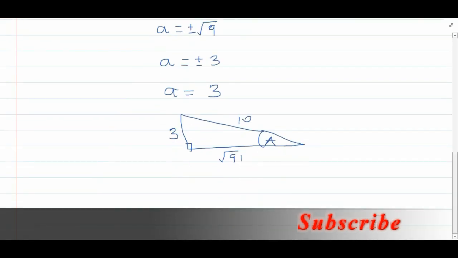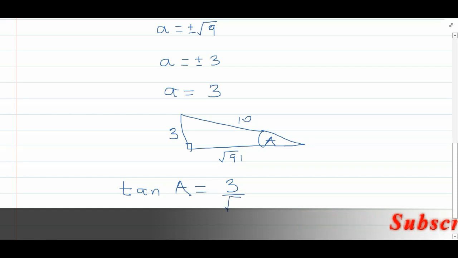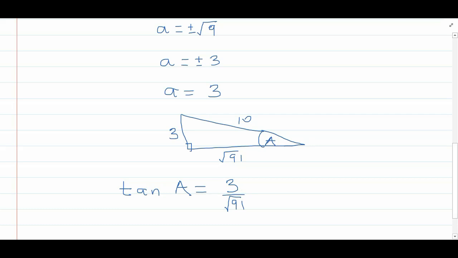The question says we should find the value of tan A. So we say tan, or the tangent of the angle A, is given by the opposite, which is the side opposite to the angle A, and that is 3, divided by the adjacent, which is the square root of 91.